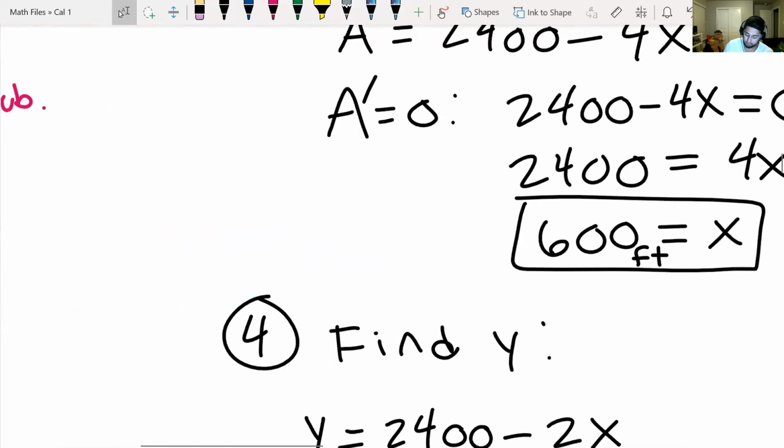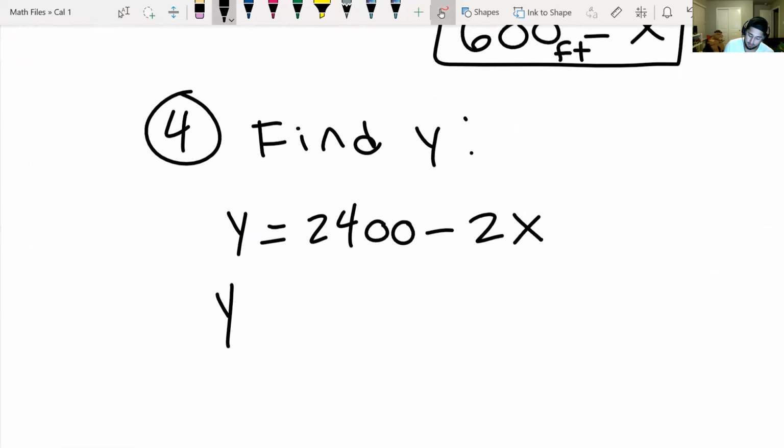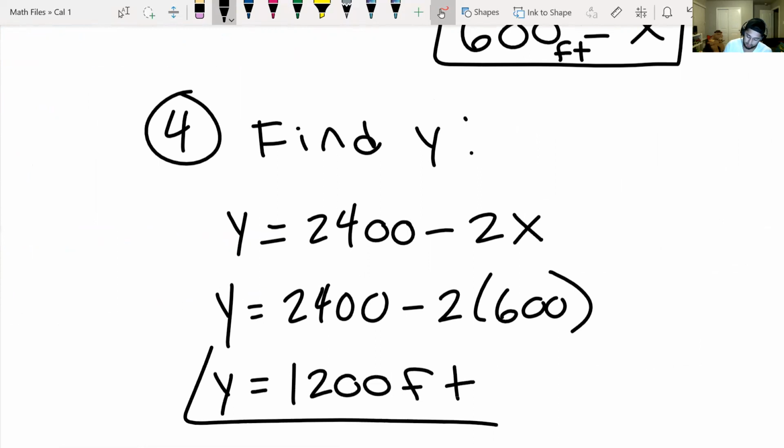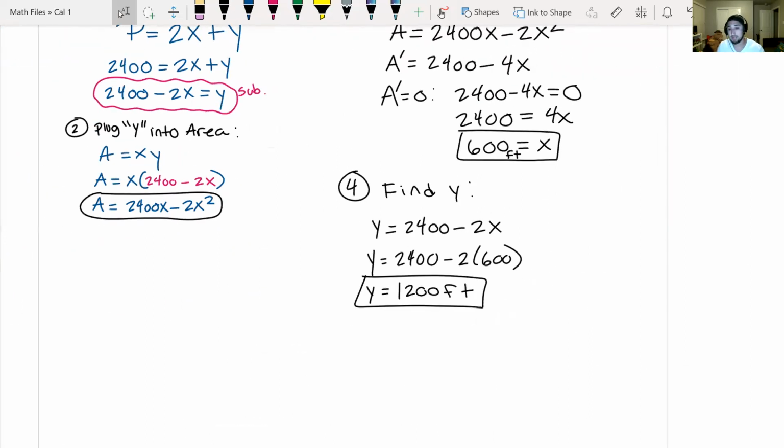Now plug in 600, and y equals 2400 minus 2 times 600, which means y is going to be 1,200 feet. So in order to maximize this area, x has to be 600 and y has to be 1,200.